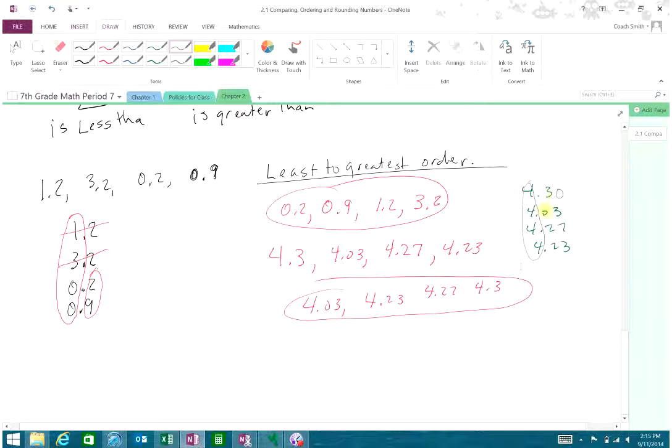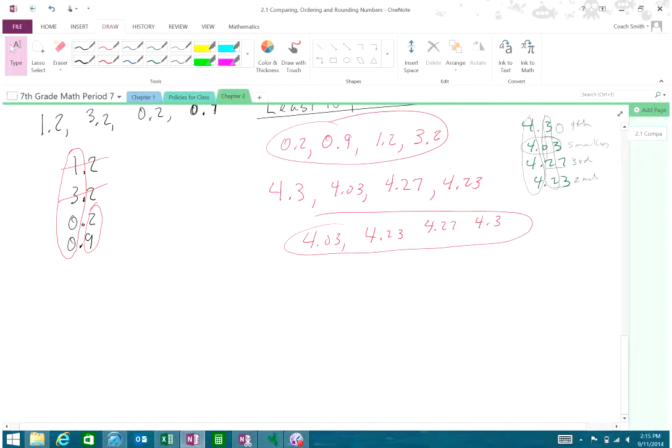Then you get to the next one, you have 3, 0, 2, 2. So this one's obviously the smallest. Okay, then you have 2, 7, and 2, 3, so that's second. That's third. That's fourth.